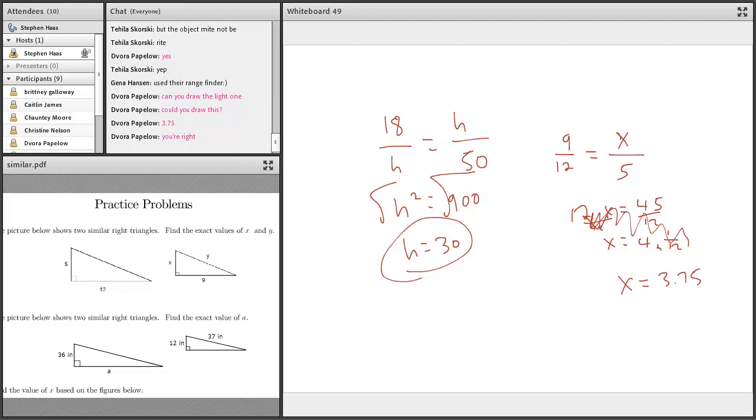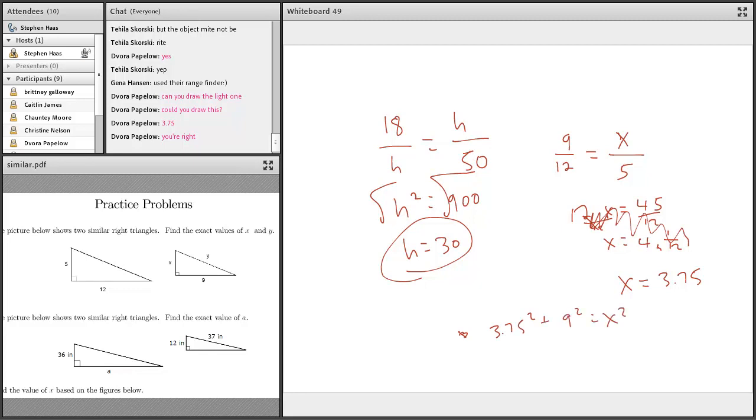Now, how would you figure out what y is? Well, now we could use the Pythagorean theorem, right? So if x is 3.75, then the Pythagorean theorem, which is a squared plus b squared equals c squared: 3.75 squared plus 9 squared equals x squared.